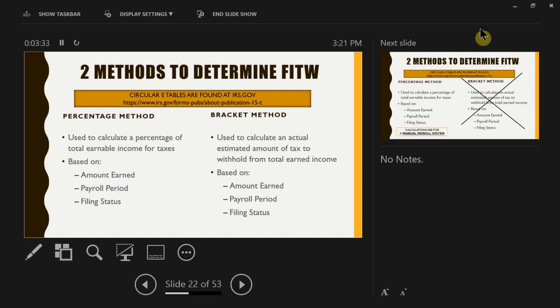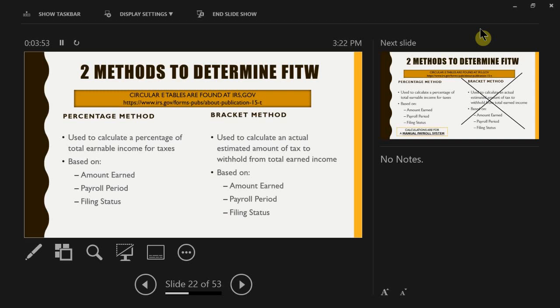If you file as single, you're going to be in the single bracket table. If you earn a specific amount, you're going to be in a specific row. If you are on a biweekly payroll, you're going to be on a biweekly table. We'll talk about this, and I'll show you an example real quick in a second.